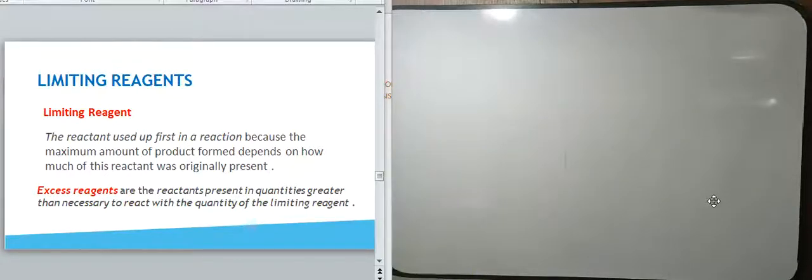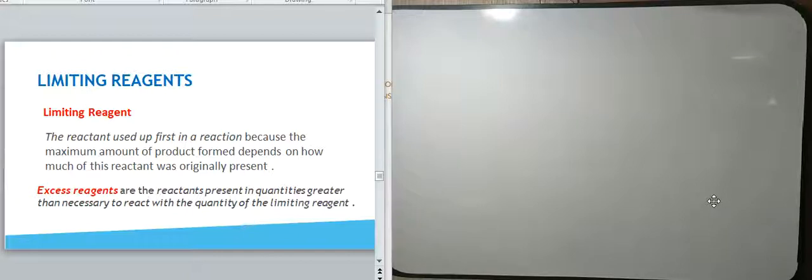All right, so we should note that some reactant will be left over at the end of a chemical reaction. Basically, the reactant used up first in a reaction is called a limiting reagent, because the maximum amount of product formed depends on how much of this reactant was originally present.